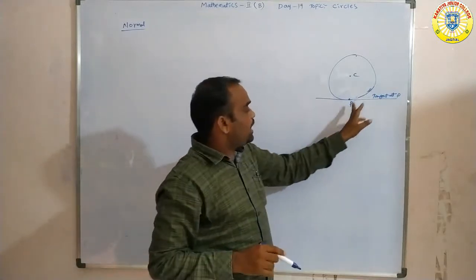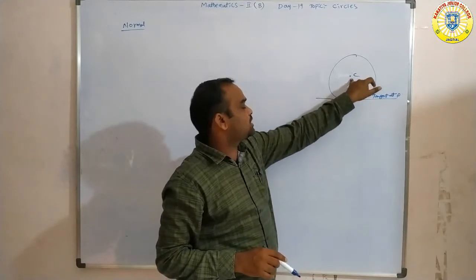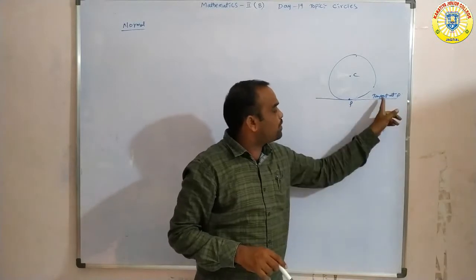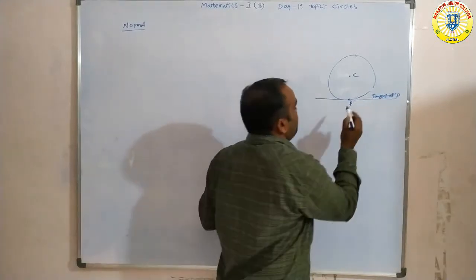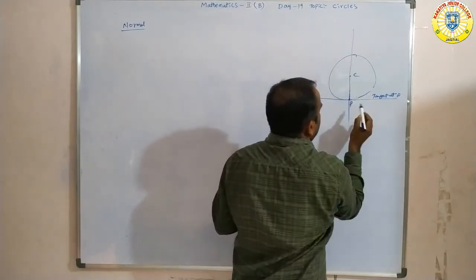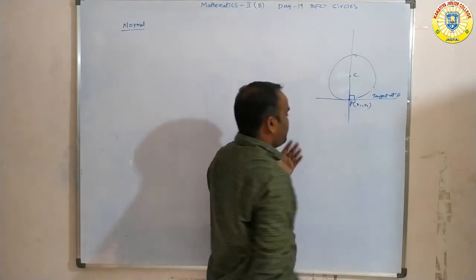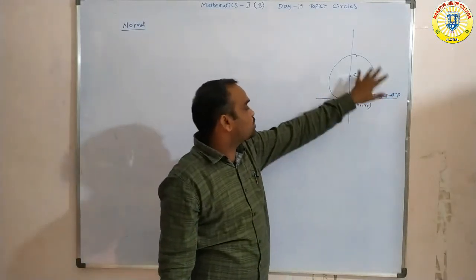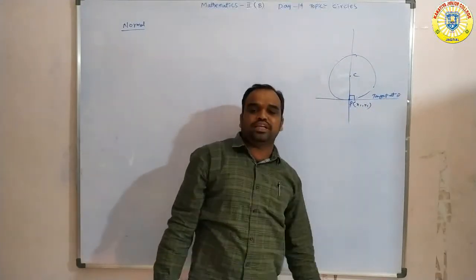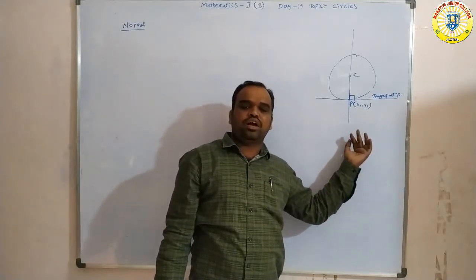So now we are finding the normal. Normal at P is the line that passes through the center of the circle and also passes through the point P, and is perpendicular to the tangent at P. The normal is always perpendicular to the tangent.